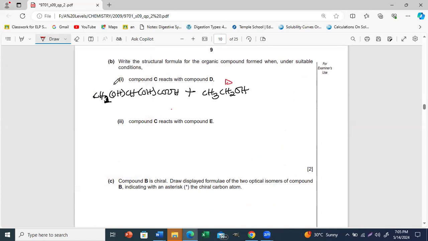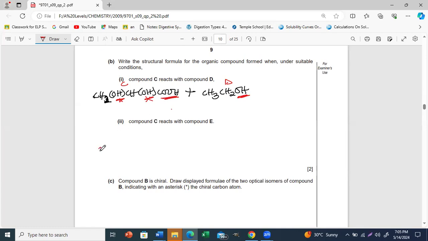This is D, this is C. Your D has just OH as a functional group. This one has a carboxylic acid, an OH that's an alcohol, and another alcohol here. Of course, alcohol will not react with this, so the alcohol should remain in the product. It only affects the carboxylic acid.